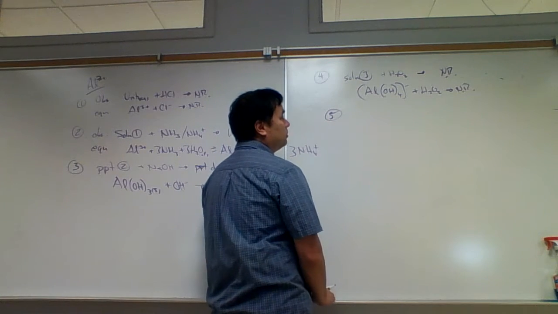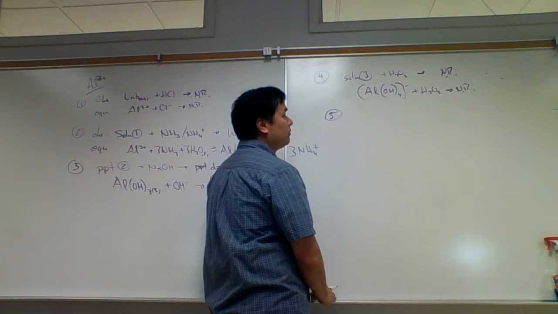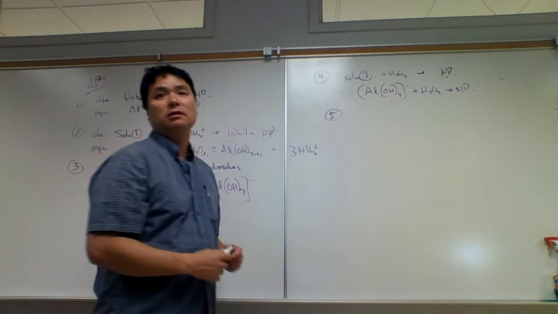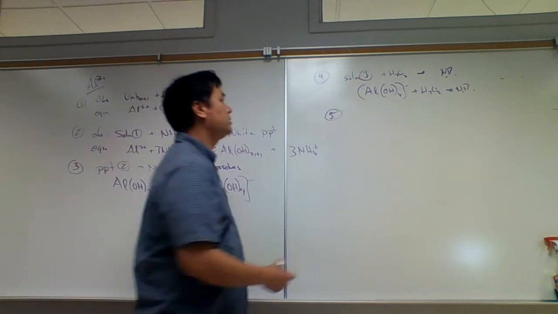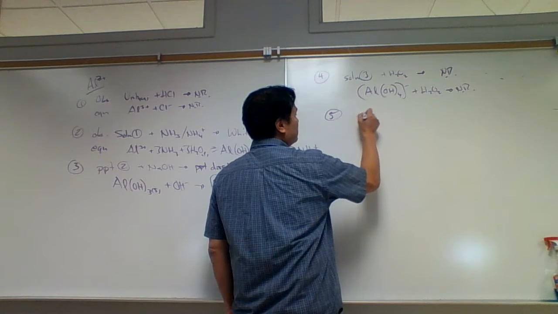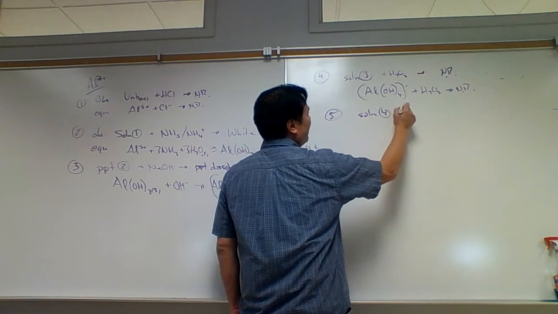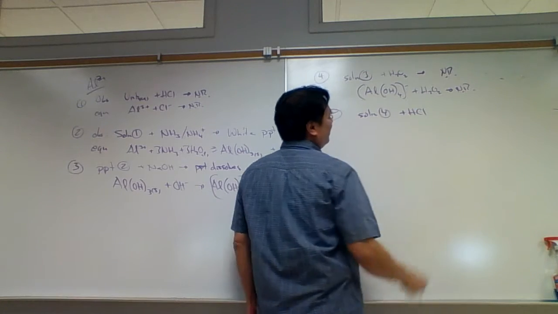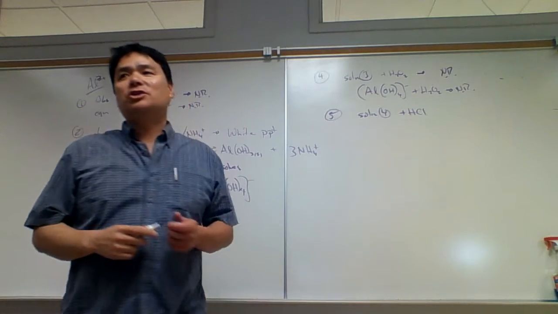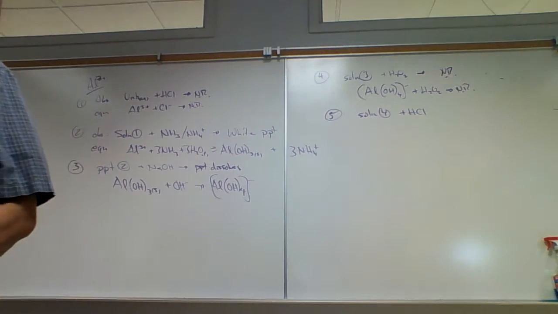Next, what do we add after the hydrogen peroxide? Hydrochloric acid. All right, so what we're going to do is we're going to take solution 4 and then add HCl. And what forms upon addition? So just look at the flow chart and tell me what forms.